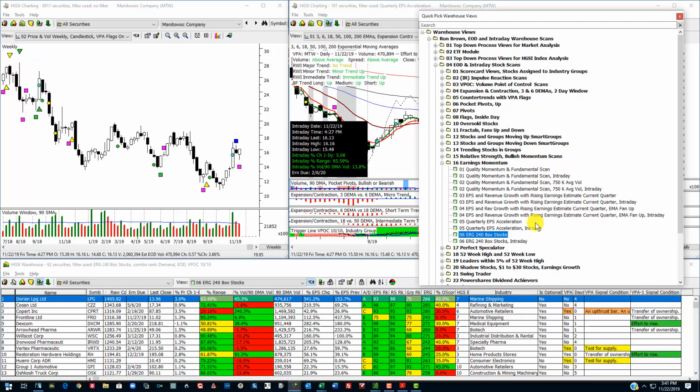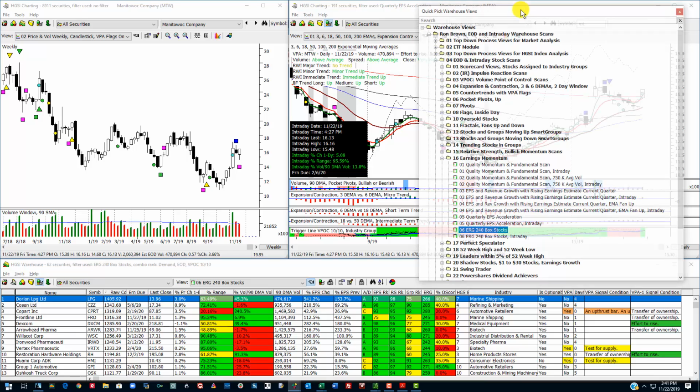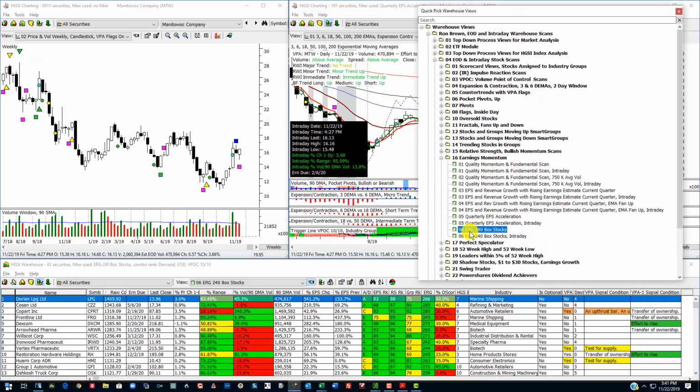group is ERG 240 stocks. Now, ERG 240 stocks, this was Ian's thing. He came up with this: earnings, revenue, and group strength. And these stocks have to be balanced stocks. If you look down here, by balanced I mean the 3 components of ERG have to total at least 240.